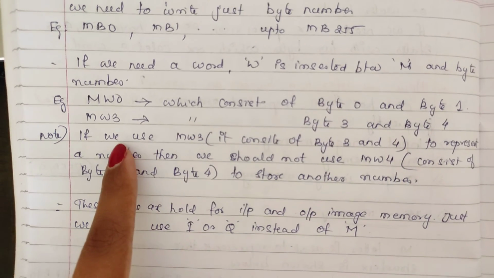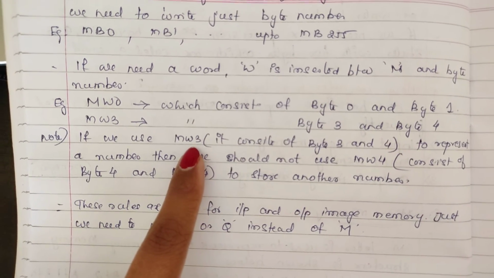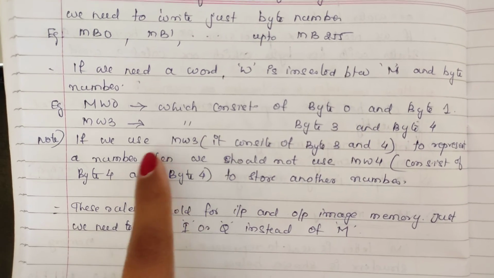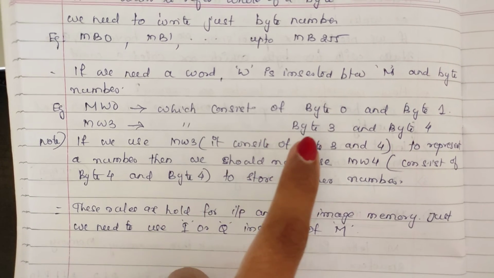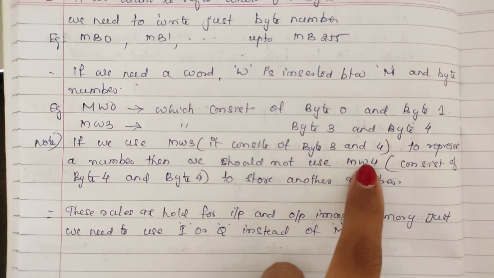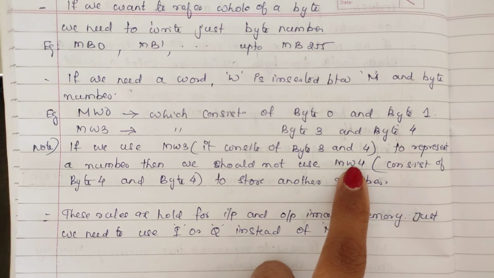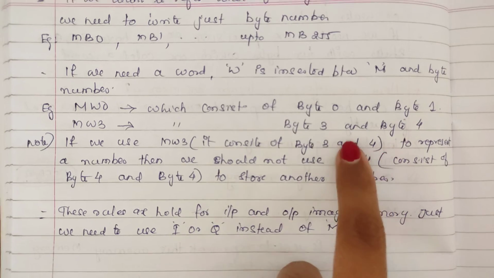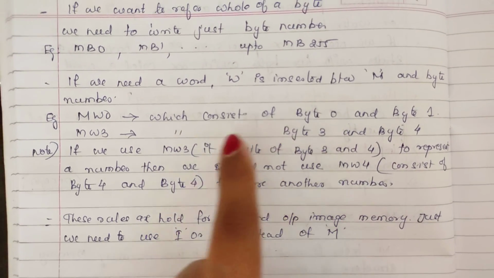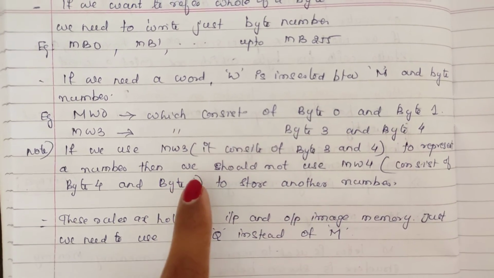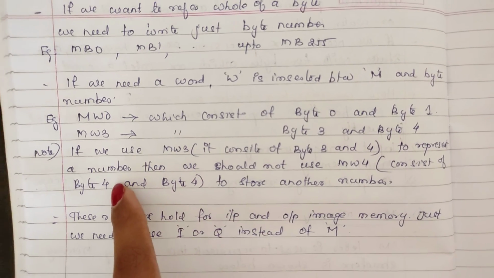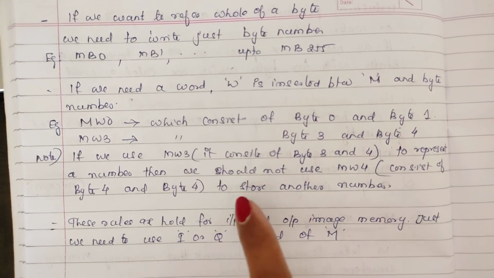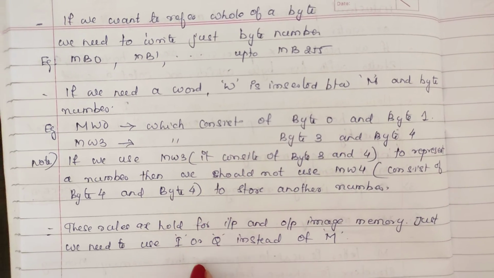One point you have to note is that if you are using MW3, which consists of byte 3 and byte 4, to represent a number, then we should not use MW4. Why? MW4 consists of byte 4 and byte 5, but byte 4 is already used in MW3. So if you are using MW3, the next word address should not be 4, it should be 5 or any other number.